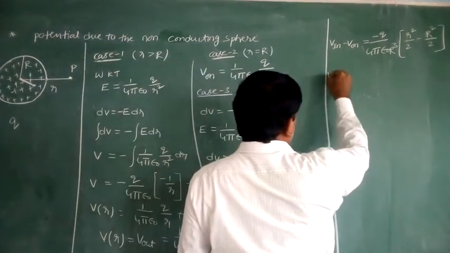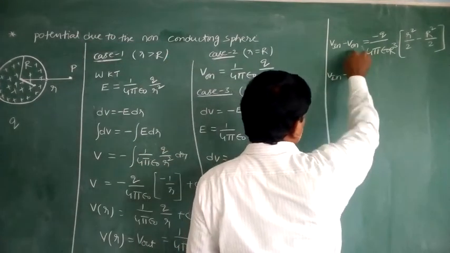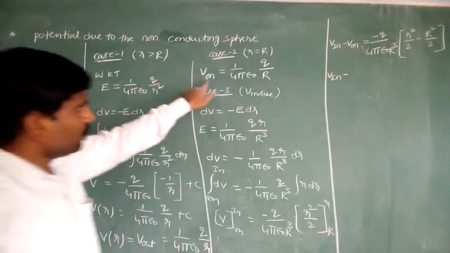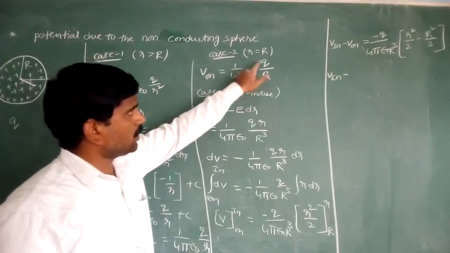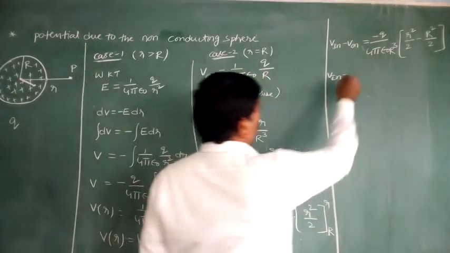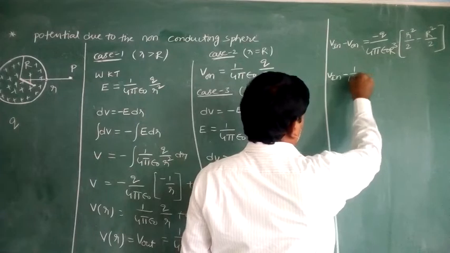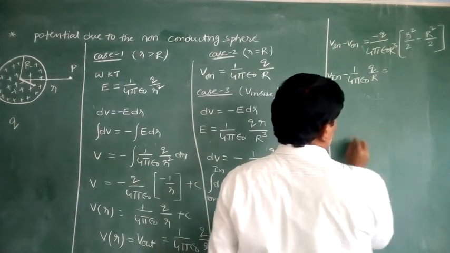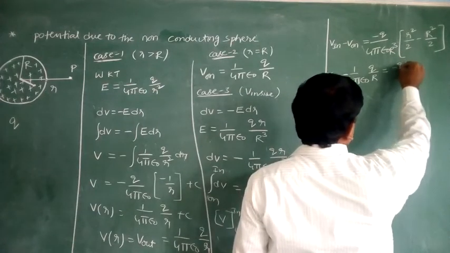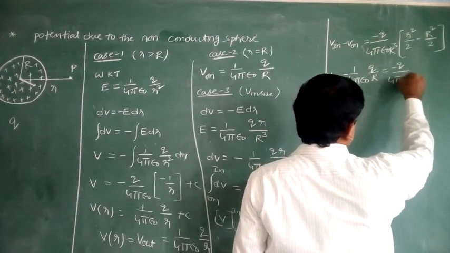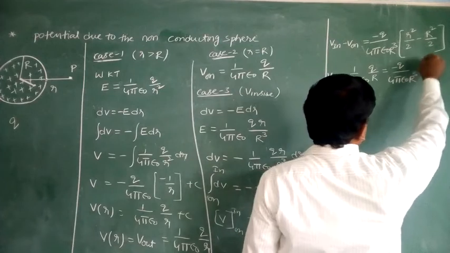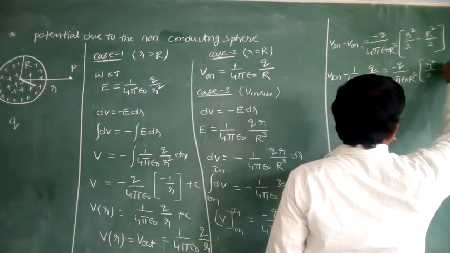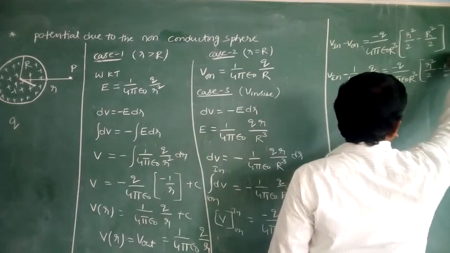So V inside minus V on surface, and we already found that V on surface is 1 by 4 pi epsilon naught into q by capital R, is equal to minus q by 4 pi epsilon naught R cube whole into r square by 2 minus capital R square by 2.